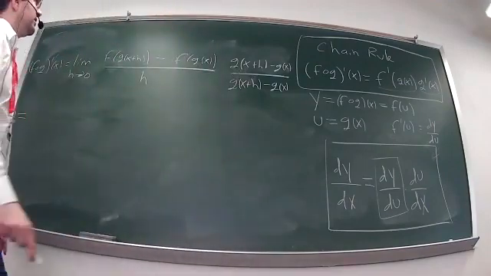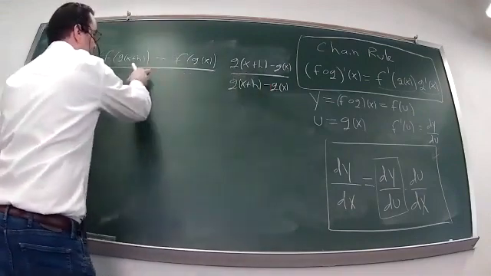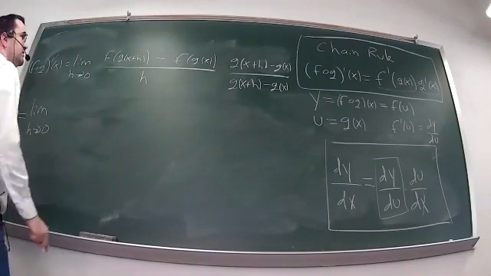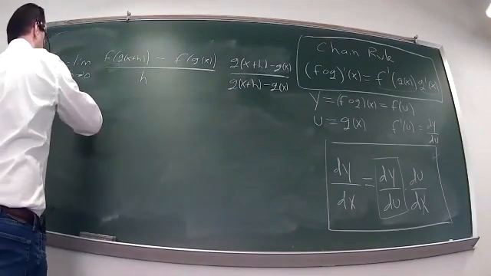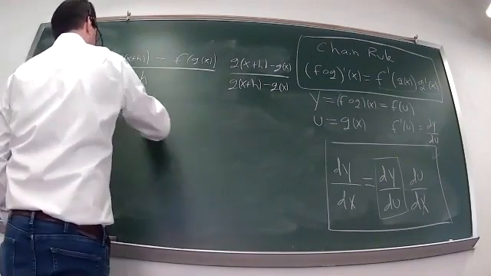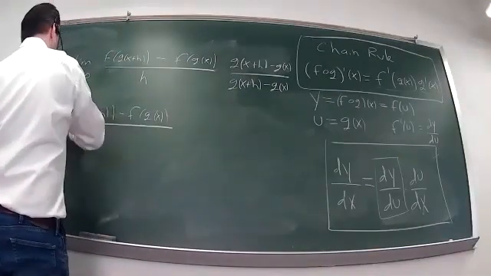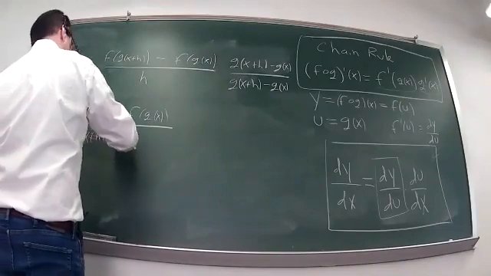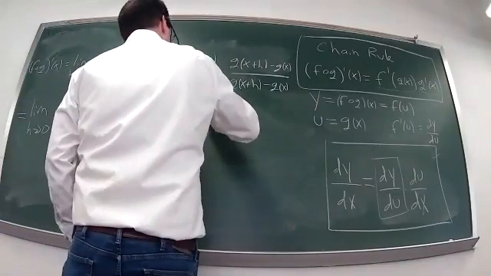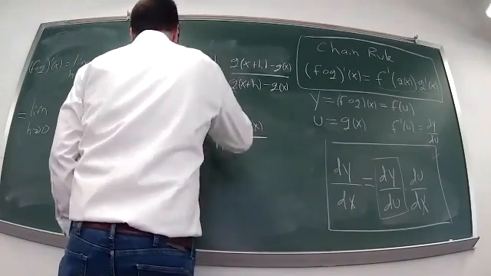So if I rearrange this, like bring the h from here to there and the g of x plus h minus g of x from here to there, I end up with limit as h goes to 0 of this numerator, and then times, what do we got here, like g of x plus h minus g of x over h.